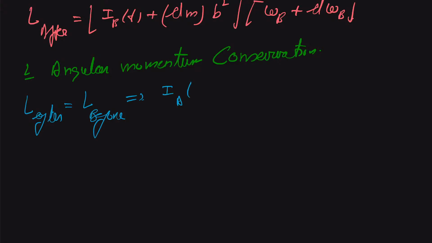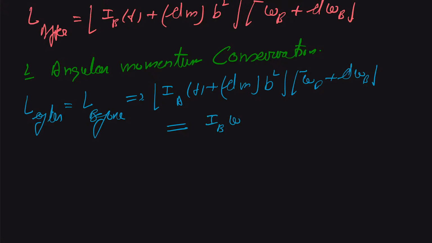We get this IB of t plus dm b square times omega b plus d omega b is equal to IB omega b plus dm a square and omega a naught.